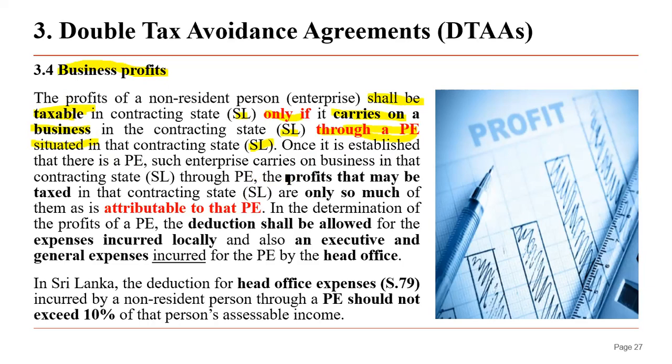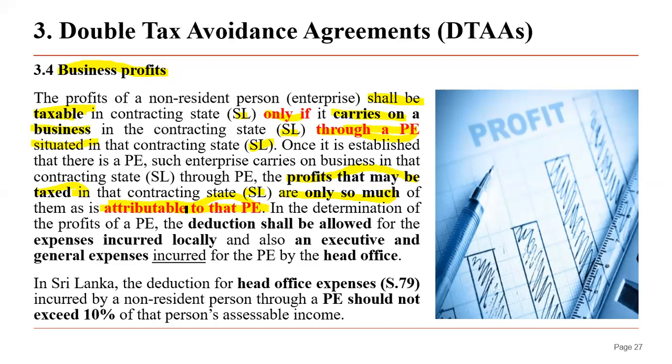Then the important part: the profit may be taxed in Sri Lanka, but only so much as is attributable to the PE, which is the very important part. It's very clear. If there is a PE, then the profit they earn is taxable in Sri Lanka only so much as is attributable to that PE.